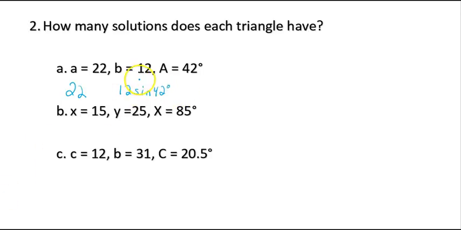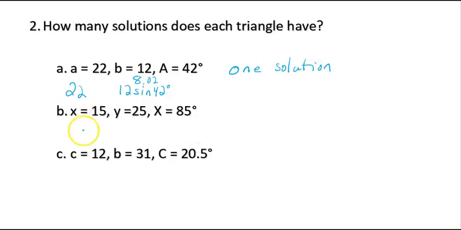If you type that in your calculator, this is like 8.02, something around there. And so in this case, the A is bigger, and you follow the bottom path off of that block again. It asks you to compare A and B. And obviously A is bigger than B, and so that follows the path that says one solution.